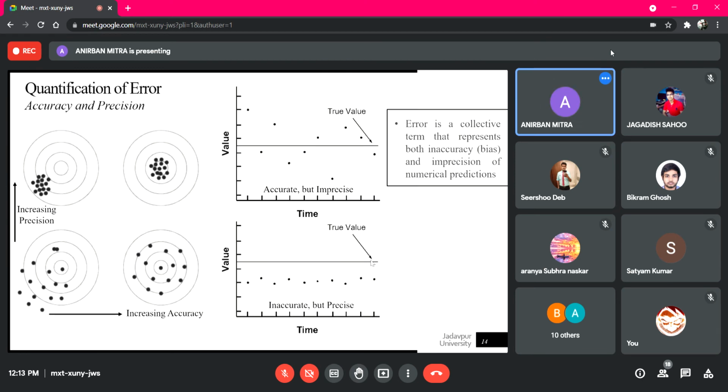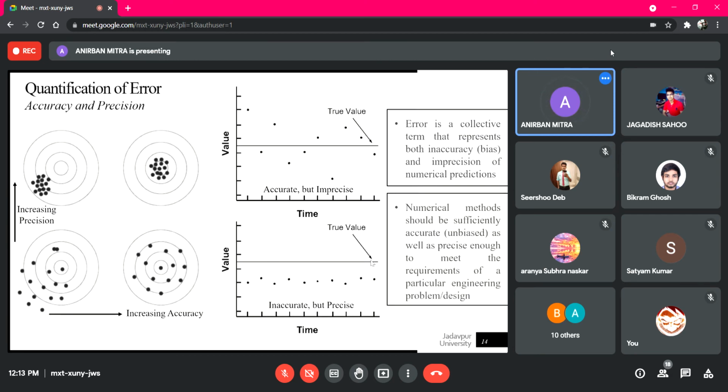Both will be considered under error. But it is imperative that the numerical methods should be sufficiently unbiased or accurate, as well as precise enough to meet the requirements of a particular engineering problem or a design problem. So that is the main thing about considering errors.